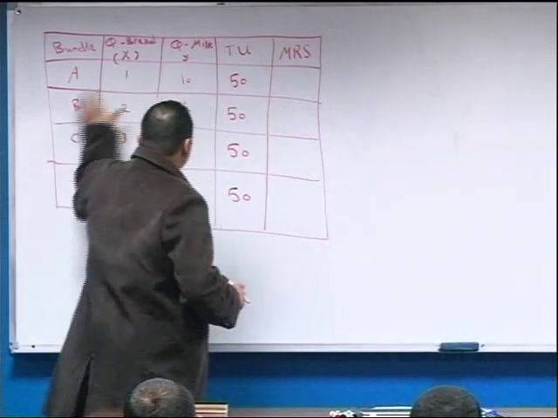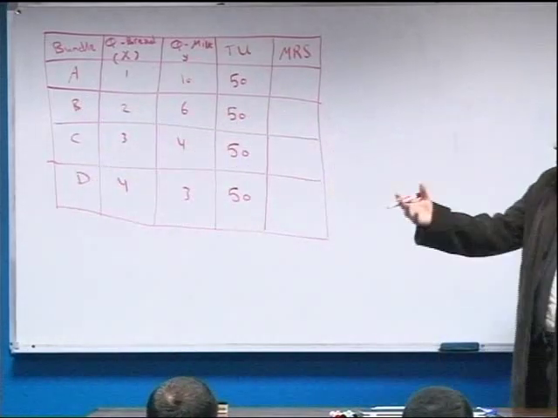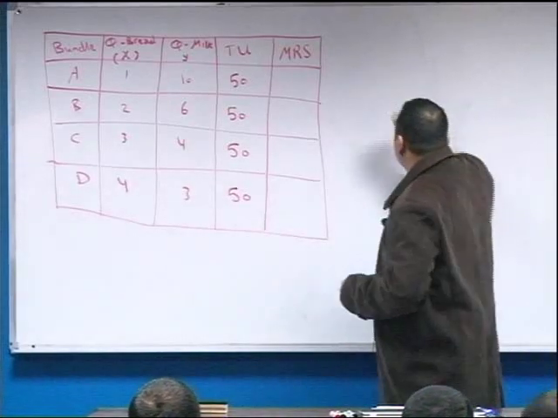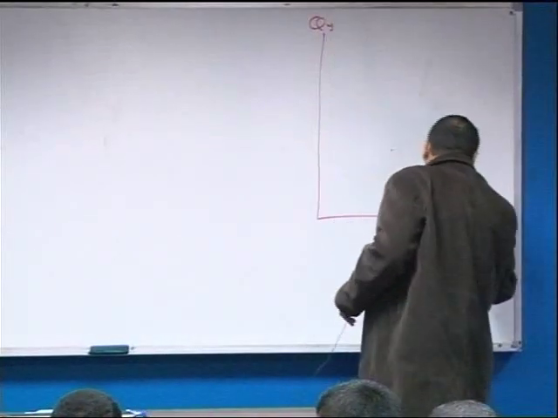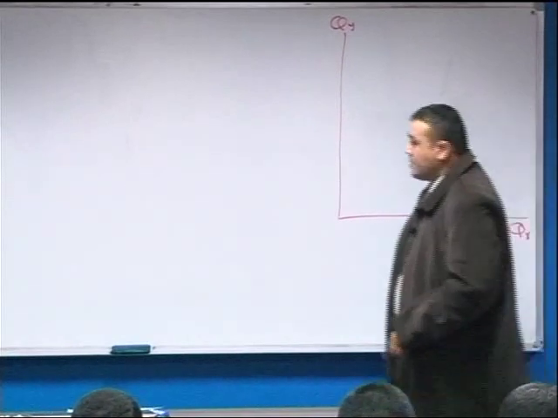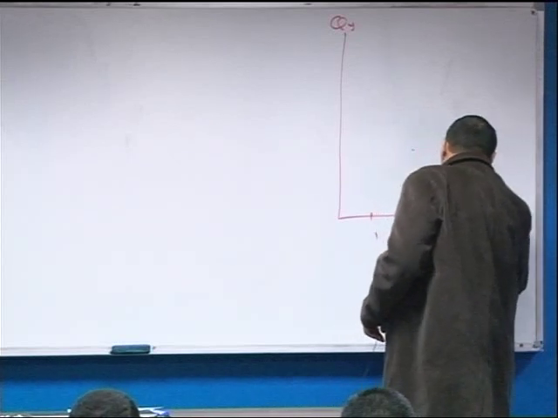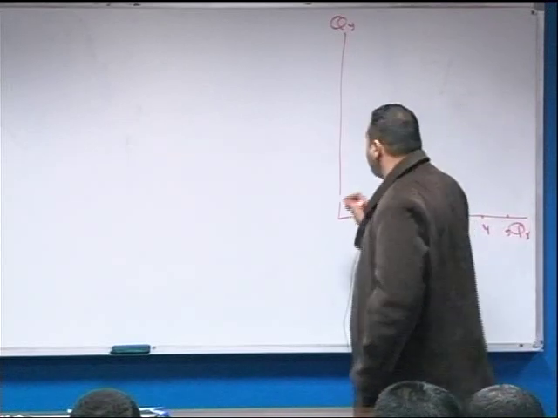Let us draw the diagram or the graph that illustrates the relationship between the quantity demanded of X and Y. This is the quantity demanded of Y, and this is the quantity of X: 1, 2, 3, 4, 5. Quantity demanded of Y from 1 to 10.